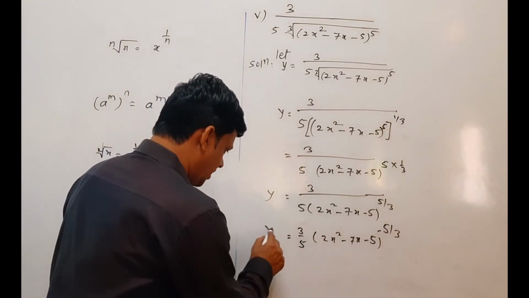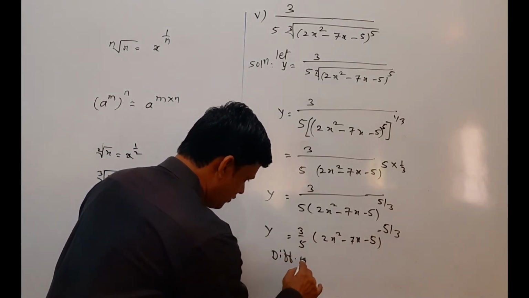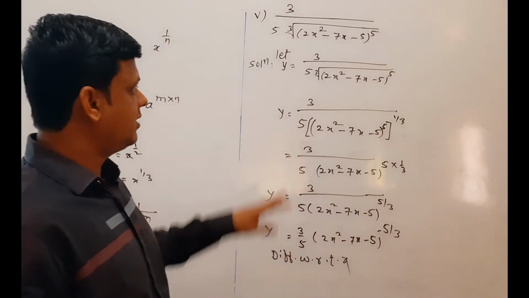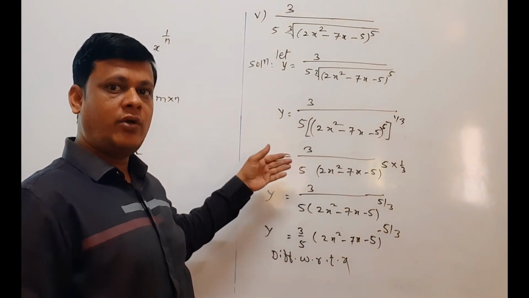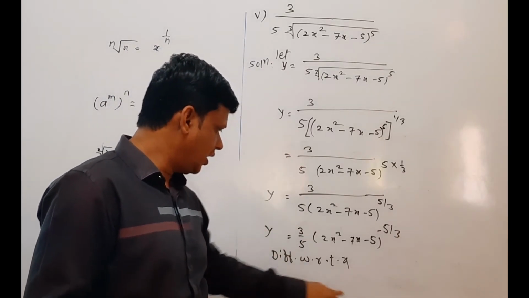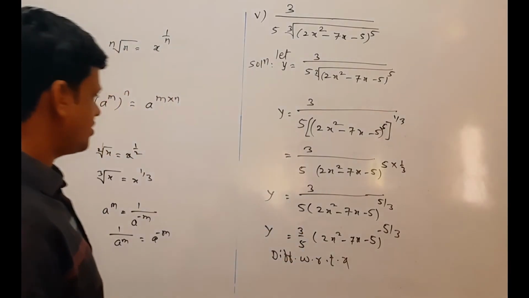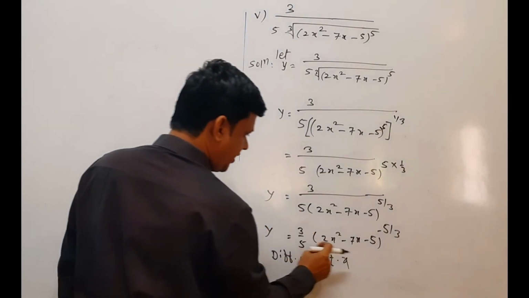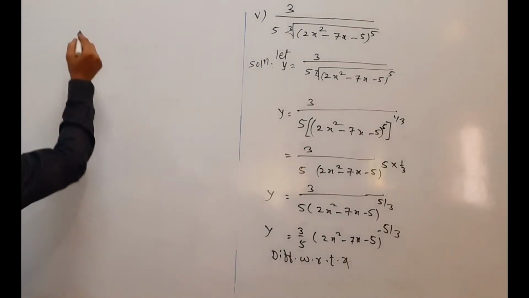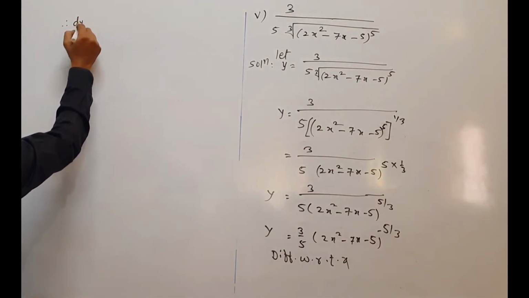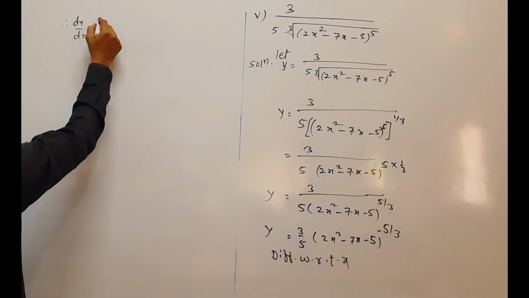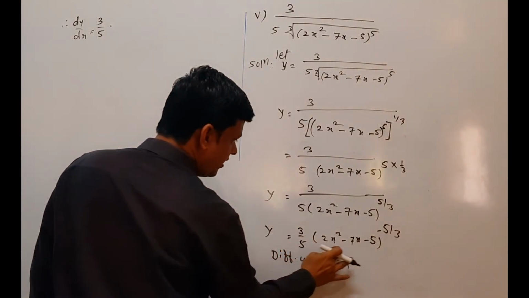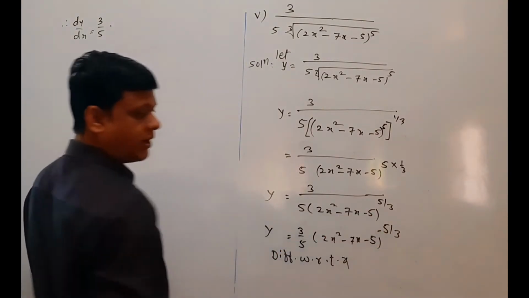So we differentiate here with respect to x. That means in some problems we have to simplify the given terms, then we have to differentiate that value. So here this 3 by 5 is constant, and this constant is with this algebraic function. So therefore dy by dx is equals to 3 by 5 as it is into, here we apply the rule of x raised to the power n.